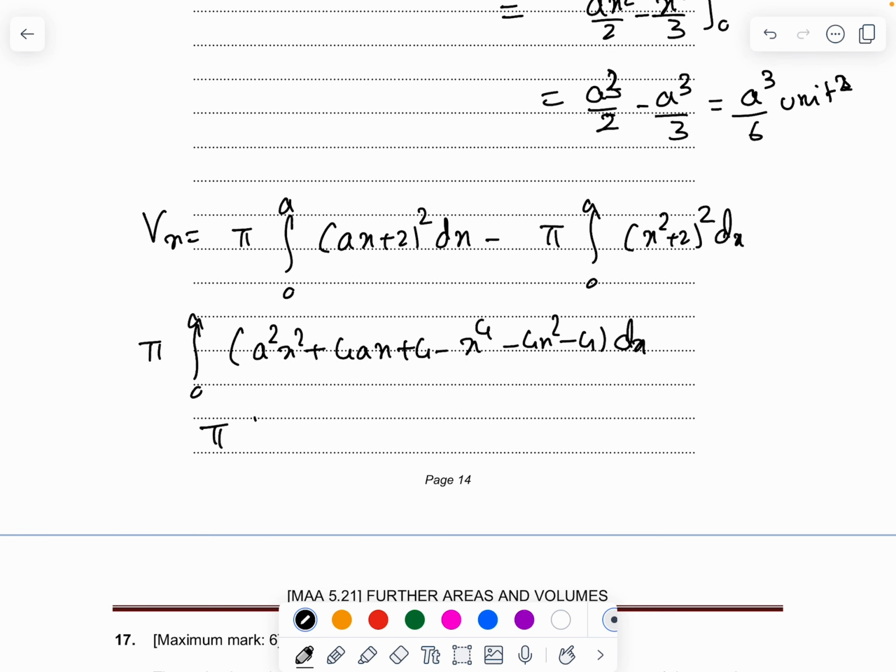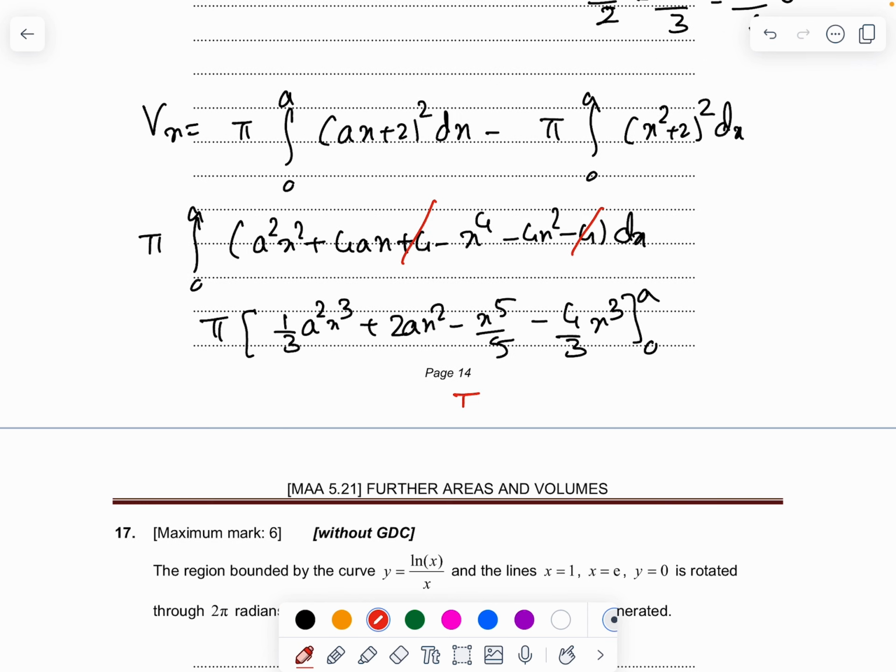So it becomes pi times (1 upon 3 a square x cube plus 2ax square minus x power 5 upon 5 minus 4 upon 3 x cube) from the limits 0 to a, because 4 and 4 cancel. Now when I simplify, directly I am writing the answer: 2 upon 15 a power 5 plus 2 upon 3 a power 3 unit cube.